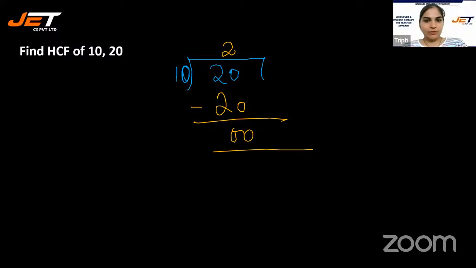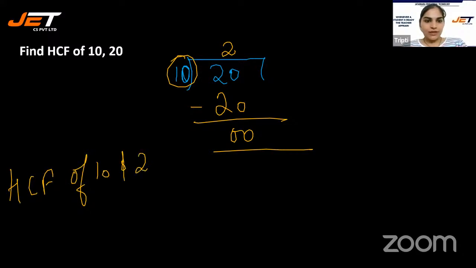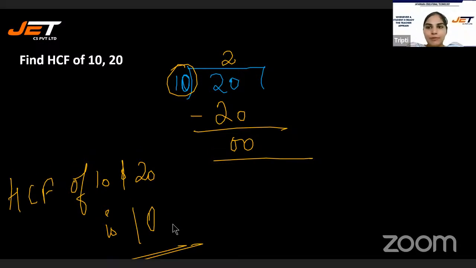Zero remainder, nothing to carry forward. So the highest common factor of 10 and 20 is 10. You don't need to go forward because the remainder came as 0. 10 times 2 is 20. Last and the first divisor is that only, right? So the HCF is 10.